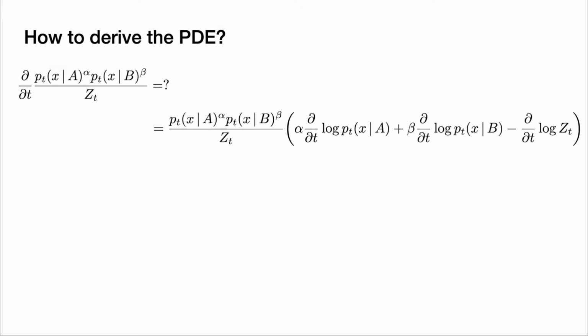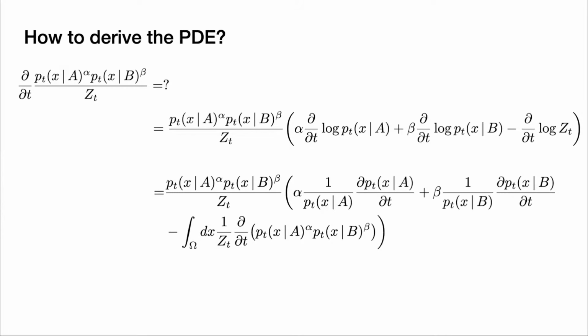Then we're just expanding the derivatives by the rules of derivatives, with the partial derivative over t, and a little bit more because we have to expand these things. We have the derivatives inside the integral because we take the derivative of the normalization constant, and so on and so forth. This is honestly just an algebraic exercise.